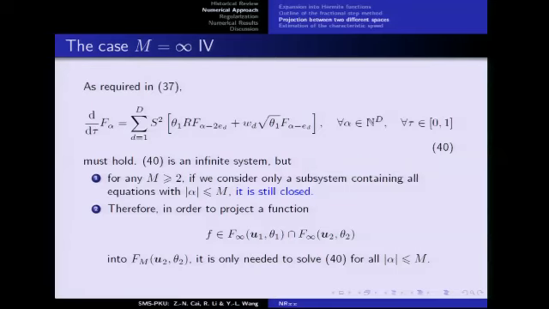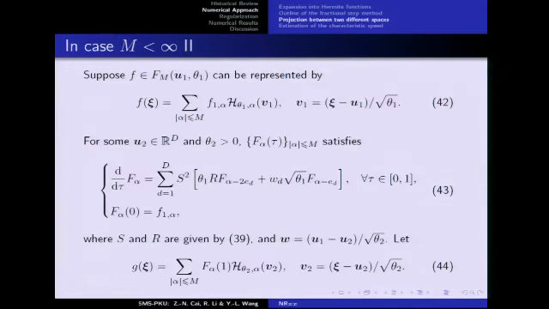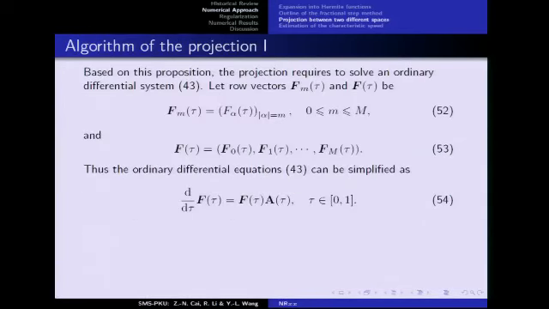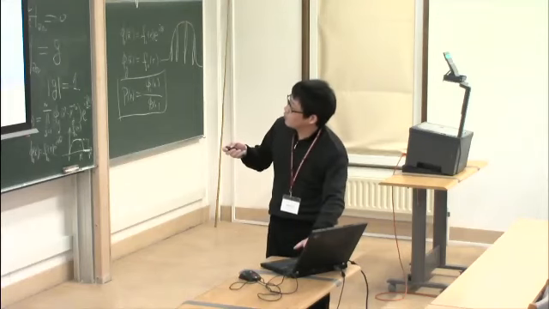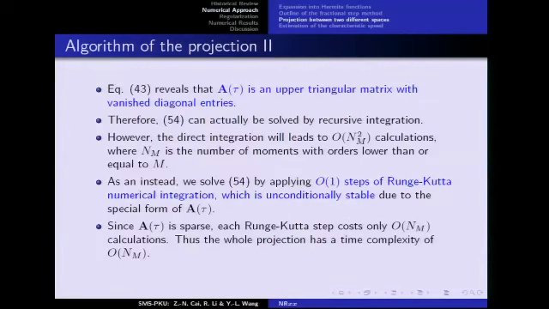So for this system, if we cut at any m, the system itself is still closed, and so we can make use of this to do the homotopy for m to be finite.